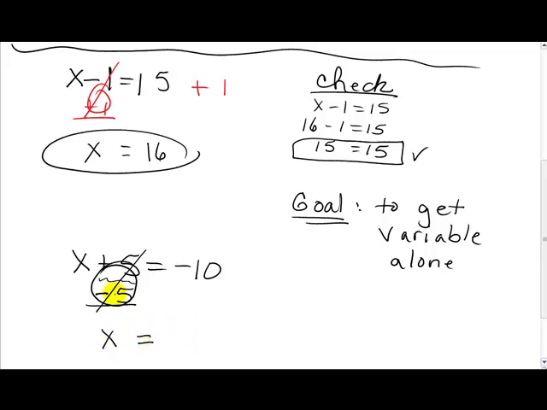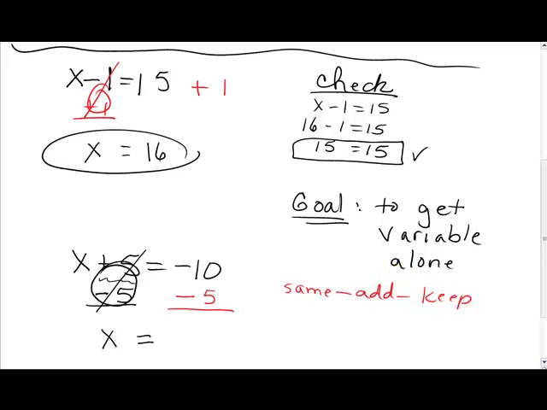Now, what we did over here, we have to also do over here. So we've got a minus 5. Well, here the signs are the same, so we're going to add, and we're going to keep the sign.